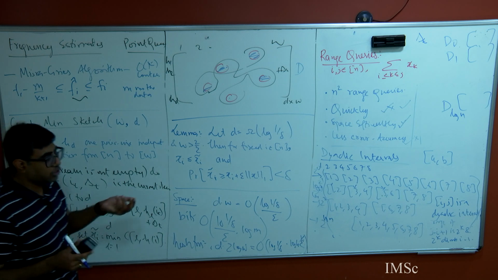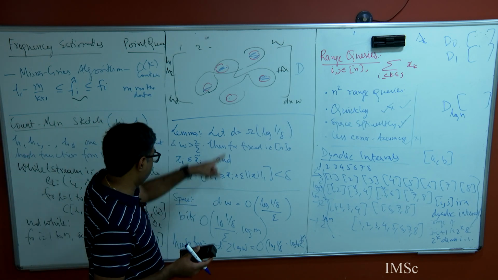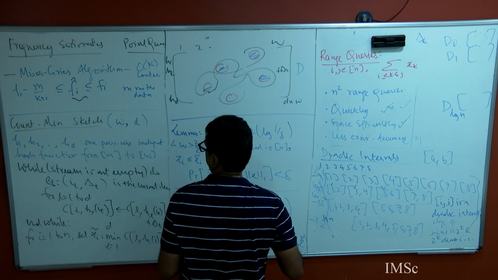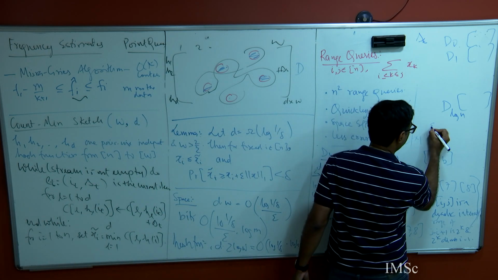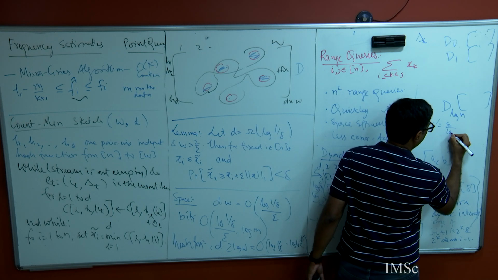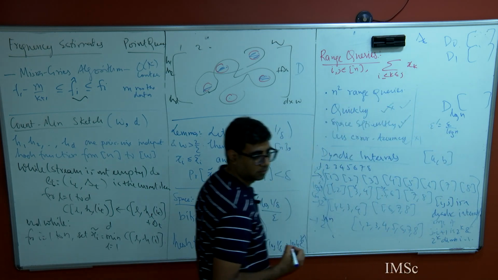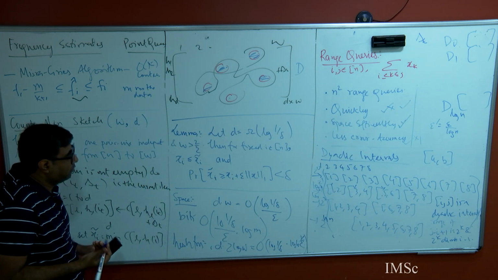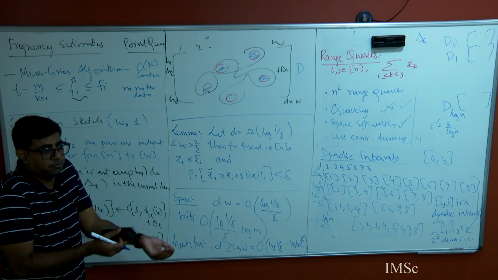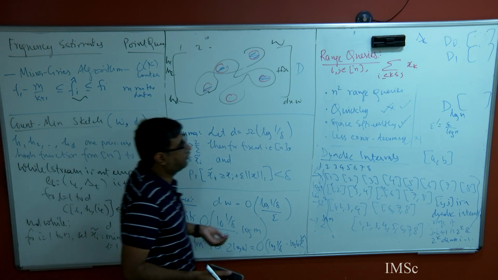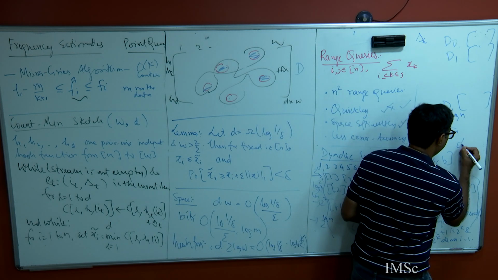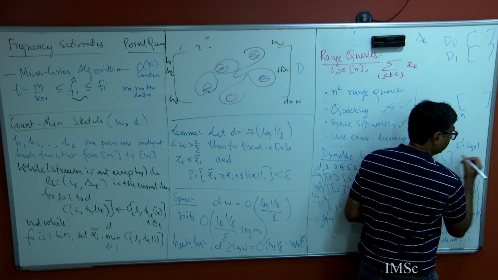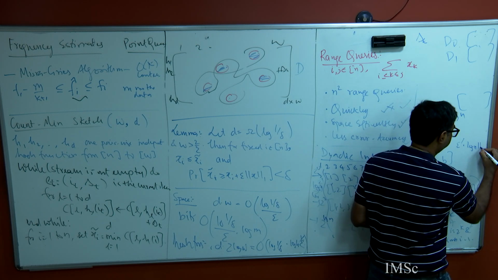So you wanted epsilon, right? Now I have to run this algorithm with a different epsilon prime. So what should be my epsilon prime? Epsilon by log n, right? Because you are going to sum up some 2 log n numbers, and each of them has error, so my error will be epsilon prime times log n times the 1 norm.